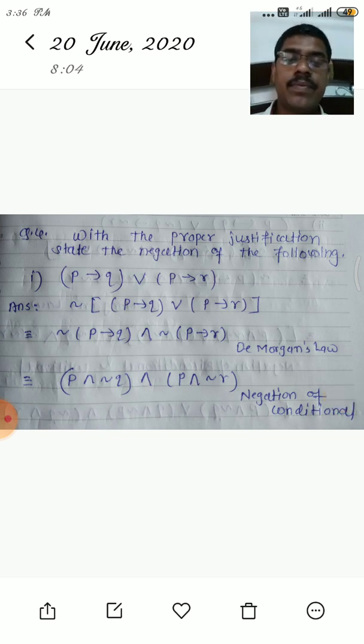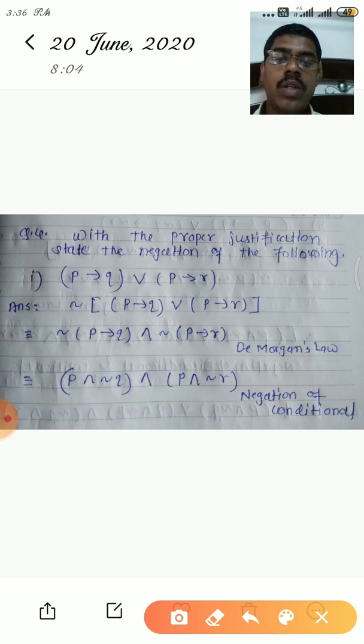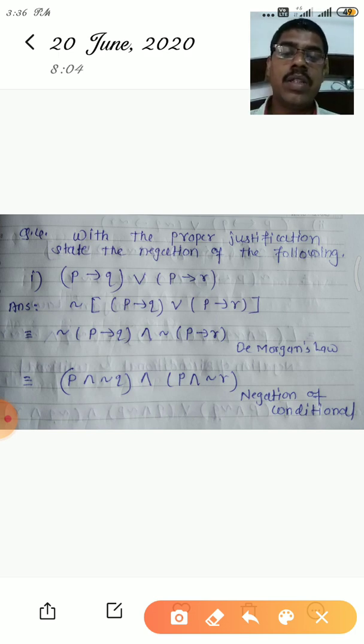First, P conditional Q or P conditional R, that is negation of (P conditional Q or P conditional R). We have to apply first negation of conjunction, sorry, negation of disjunction, or it is applying De Morgan's law.